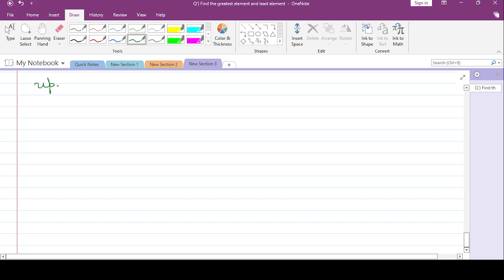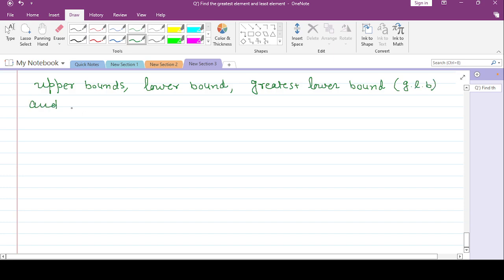Now next we want to talk about upper bounds, lower bounds, greatest lower bound, which is also called GLB, and least upper bound, which is also called LUB.